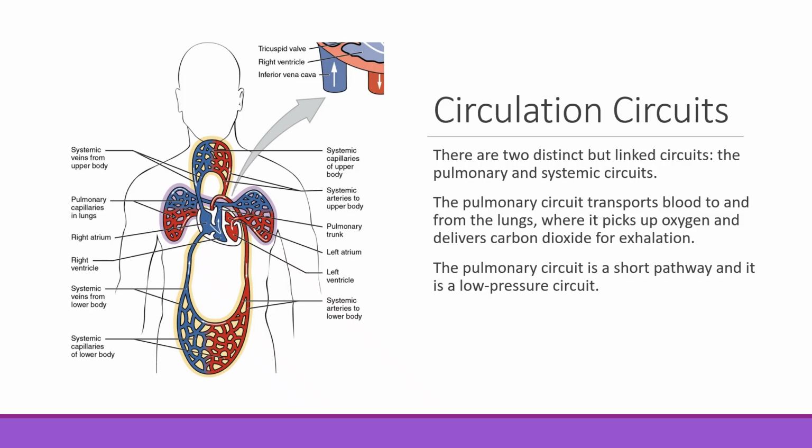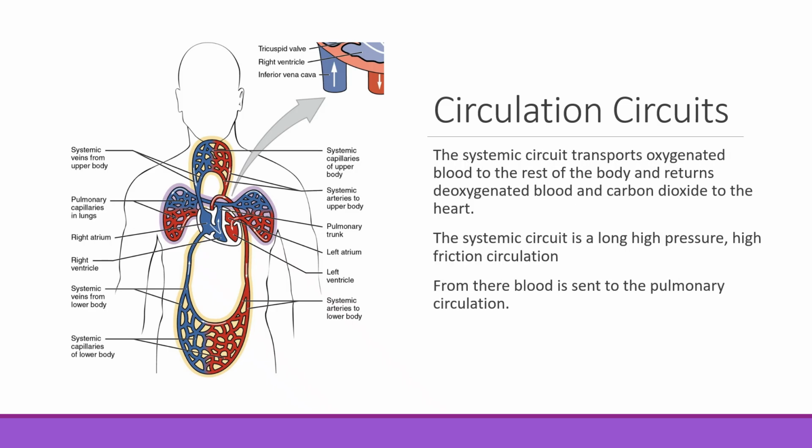So blood is actually going to go through the heart 2 times. It's going to come in, go out to the lungs, come back, go out to the body. So it's always doing this process, and it's doing both sides at the same time.